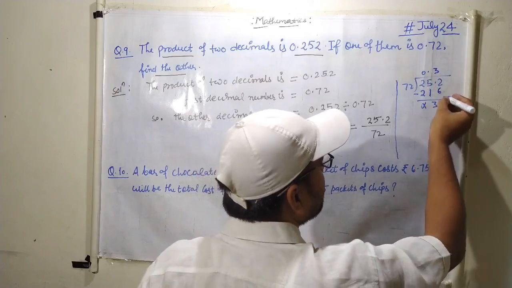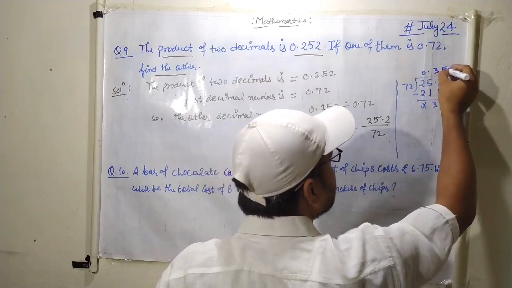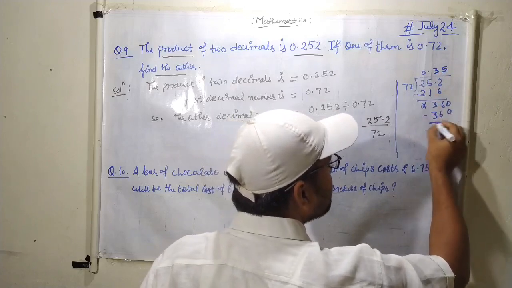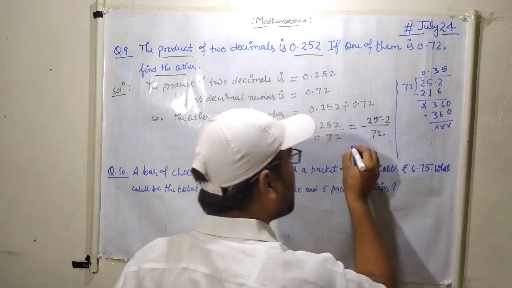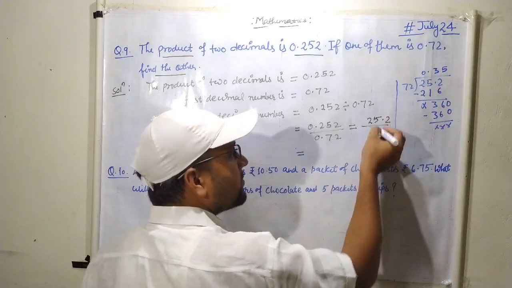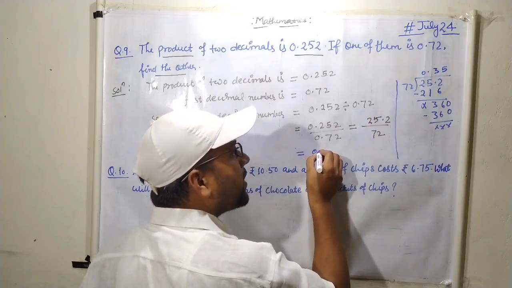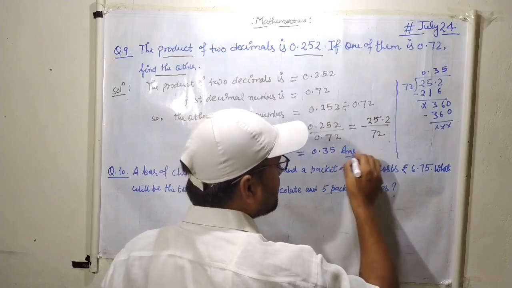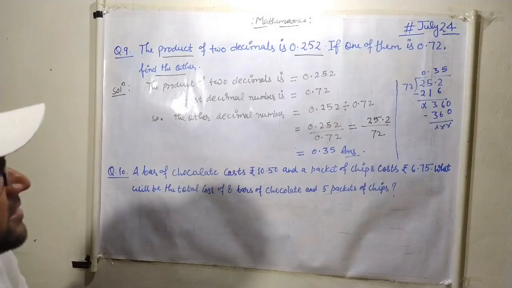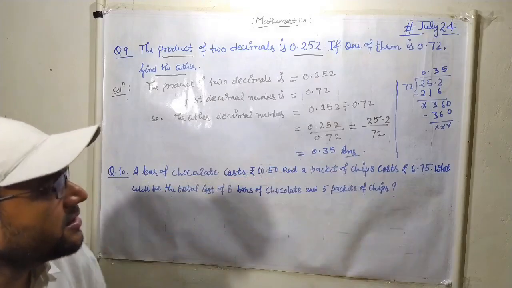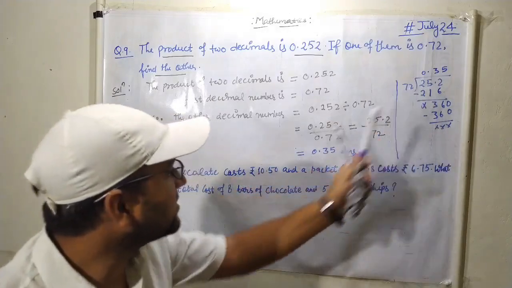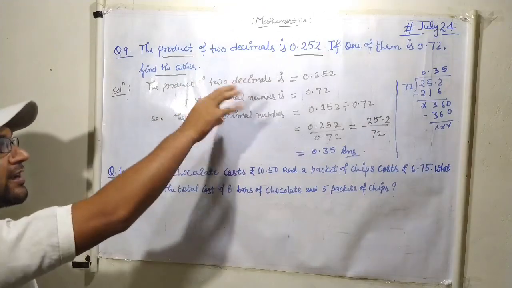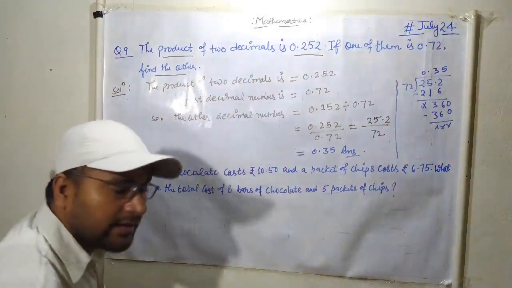Then divide with 5. 5 twos are 10, 5 sevens are 35 on 36. Cancel out. What will you get? 0.35. So the other decimal number is 0.35. If you get this type of question, you will do it like that.